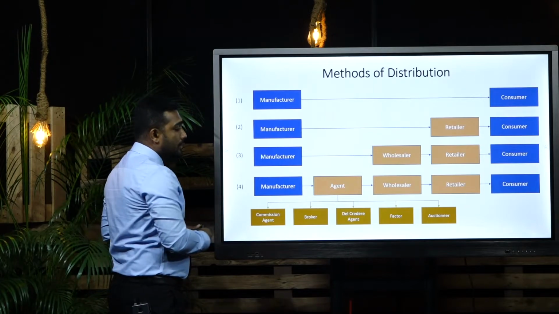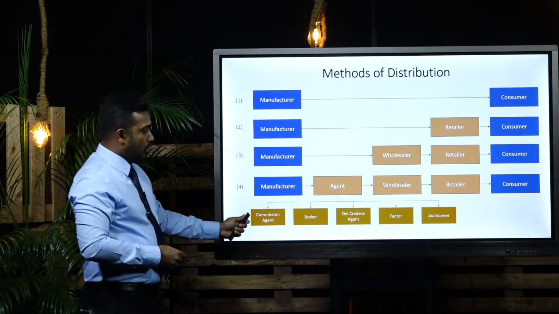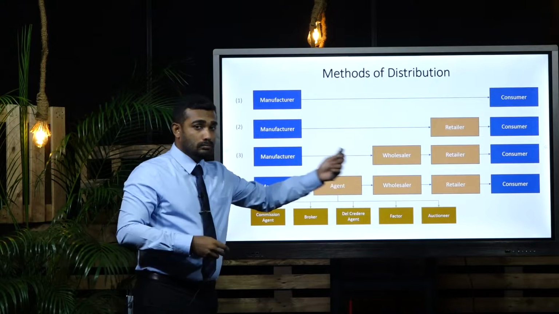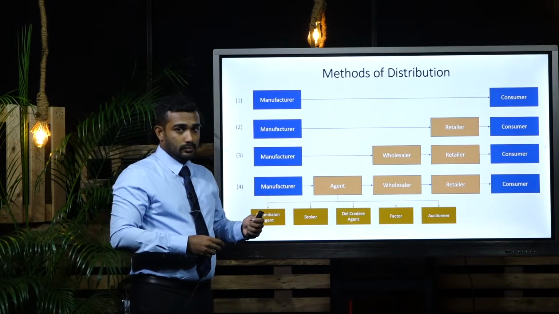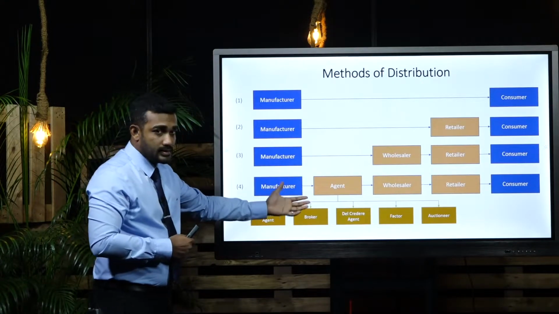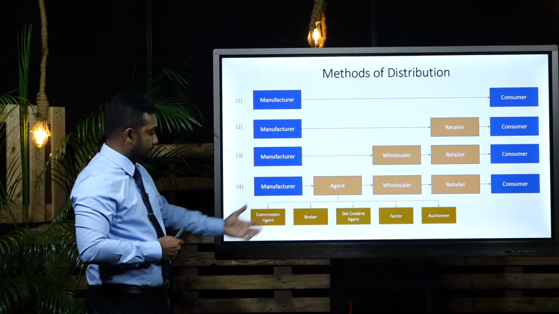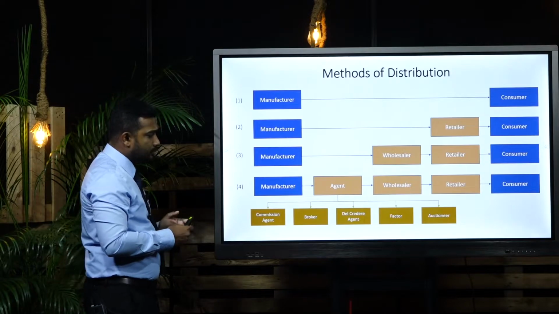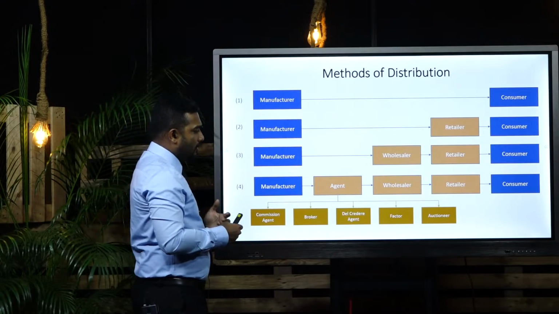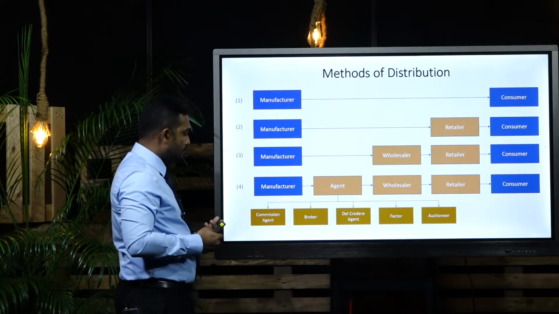I have mentioned them here. Depending on what they do, we can categorize them. So let us see these different types of agents.